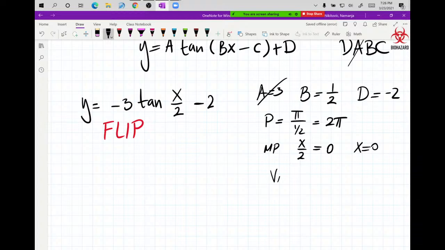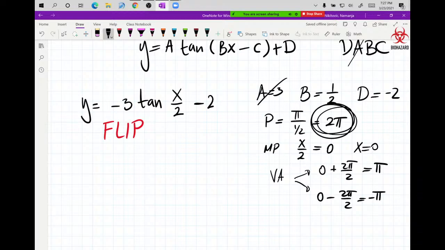So vertical asymptotes, we have 2 of them for the principal period, right? The first one will be 0 plus 2 pi over 2, which is pi. And the other one is 0 minus 2 pi over 2, which is negative pi. Why do I have a ridiculous 2 pi over 2? Well, 2 pi is the period that we have, and we need half of it. Remember, there is the full period p in between 2 asymptotes, because the function repeats itself.